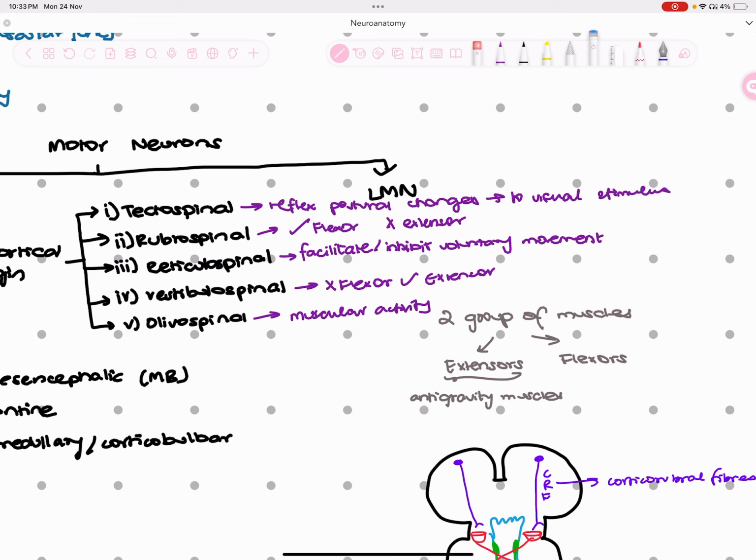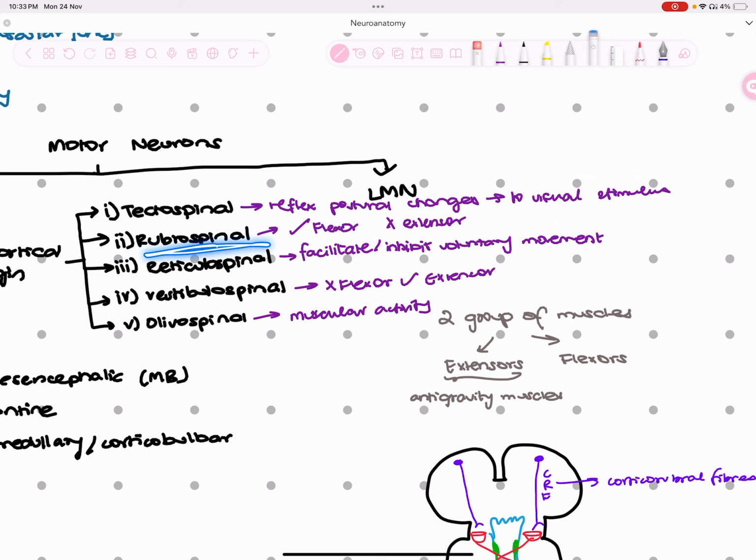But here, first of all, you look at something coming towards you, for example, a ball. So tectum first, because that has the superior colliculus that is going to see the visual reflex, and then spine, and then you're going to give a reaction to that. So this is basically reflex postural changes to visual stimuli.